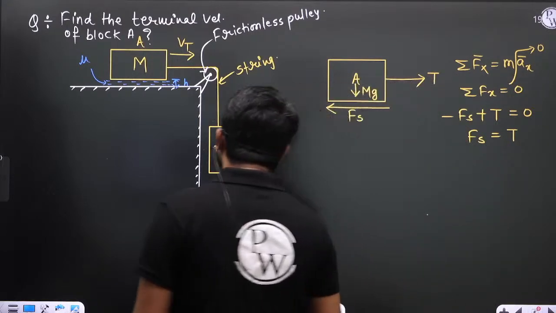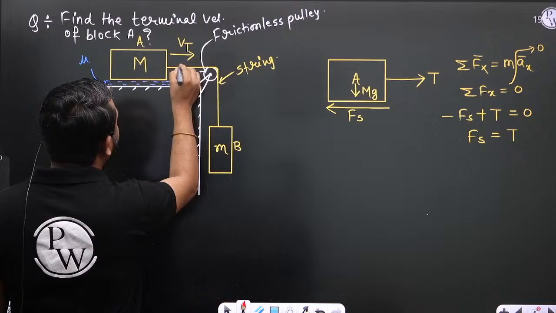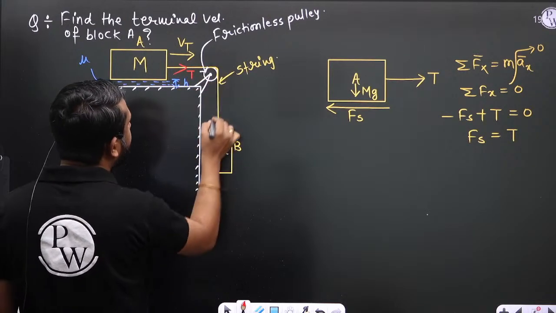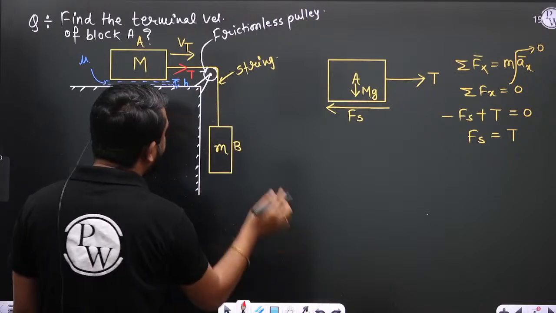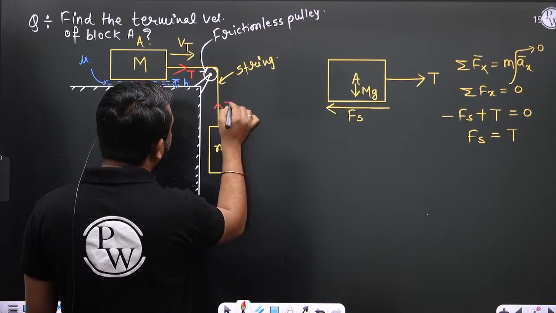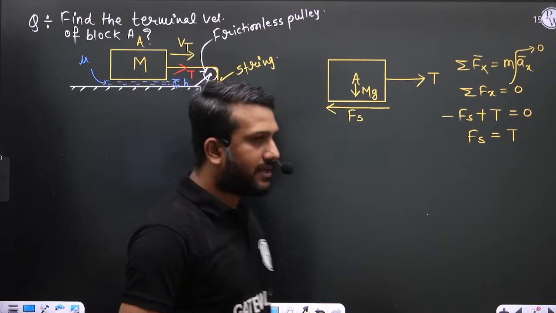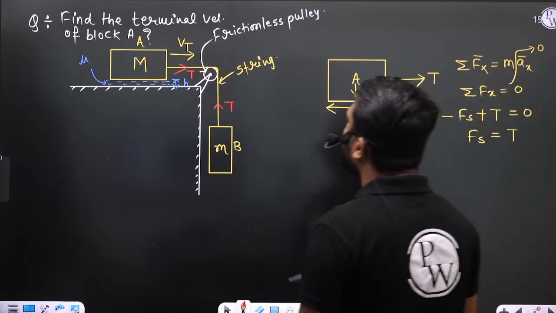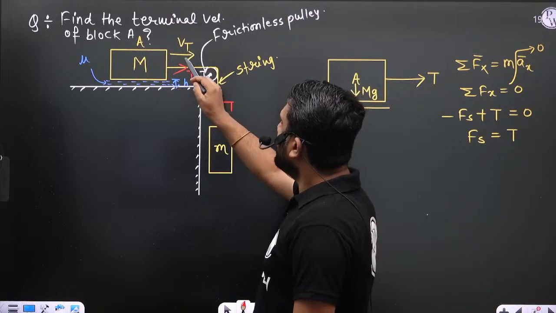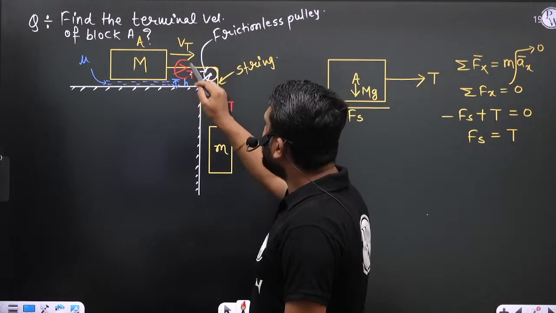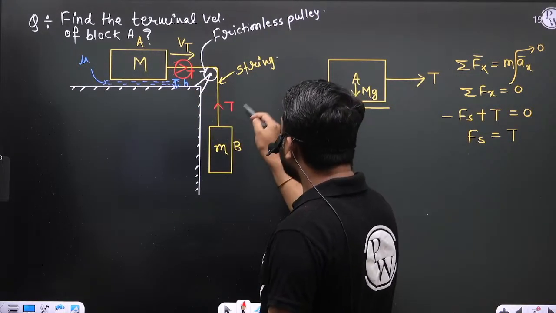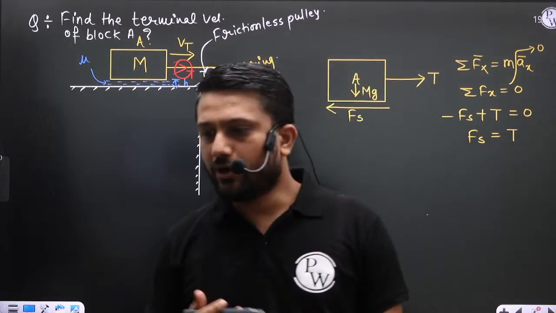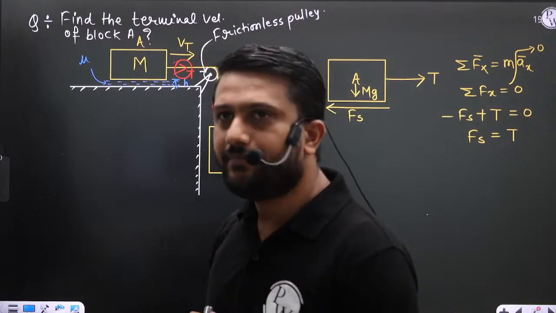Now see, here the tension is T, and since the pulley is frictionless, therefore here also the tension is T. Whatever tension is experienced by this string, the same tension is experienced by this string, because the pulley is frictionless.